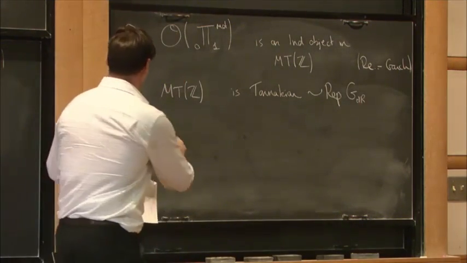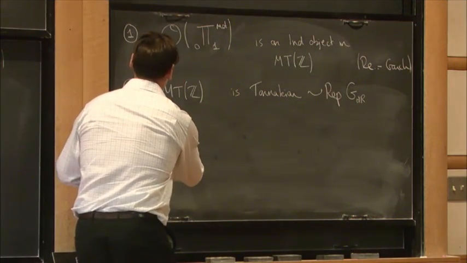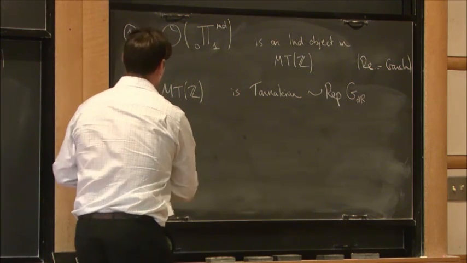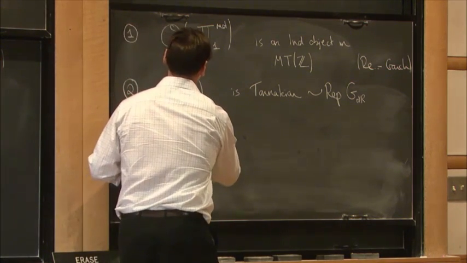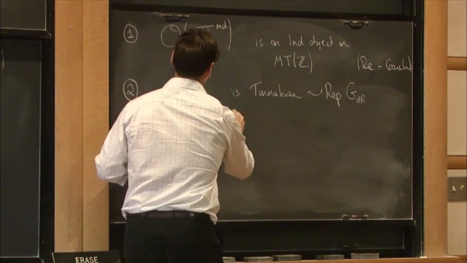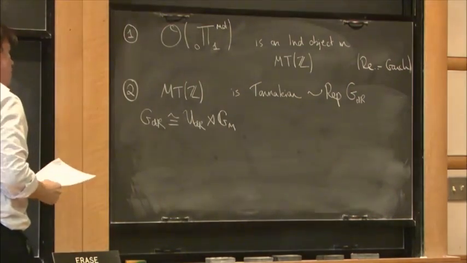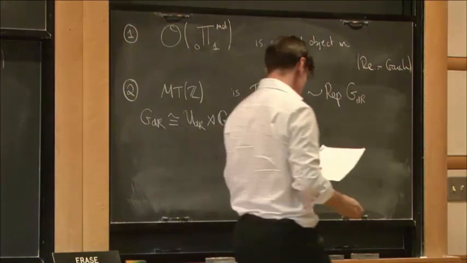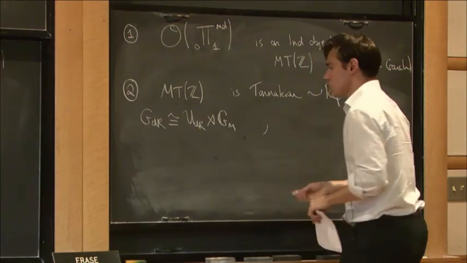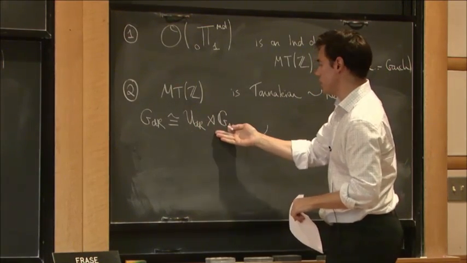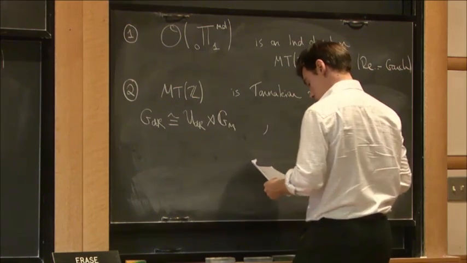And so G de Rham, we know a few things about G de Rham. It's split as a semi-direct product of the multiplicative group Gm with a pro-unipotent affine group scheme, U de Rham. So the Lie algebra of U de Rham is graded by the action of Gm.